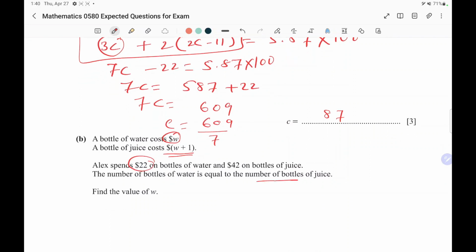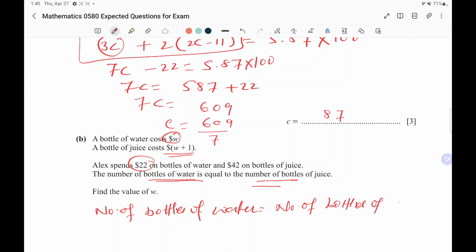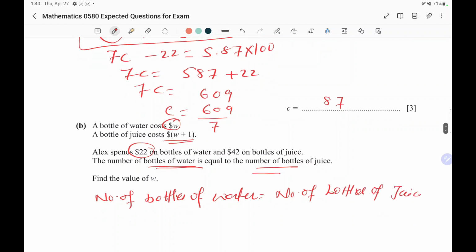Here it is also given that the number of bottles of water equals the number of bottles of juice. These are the same.